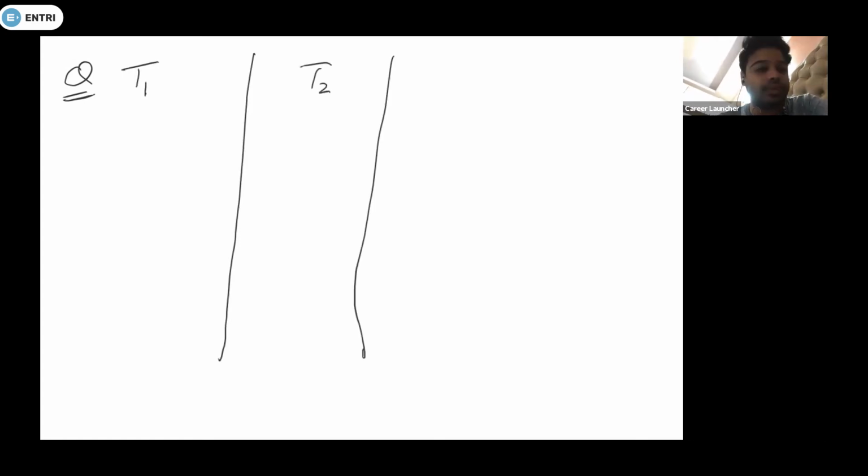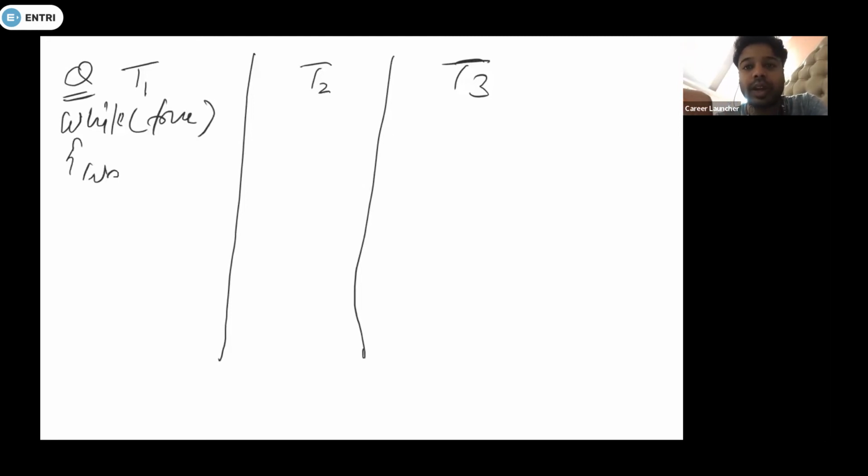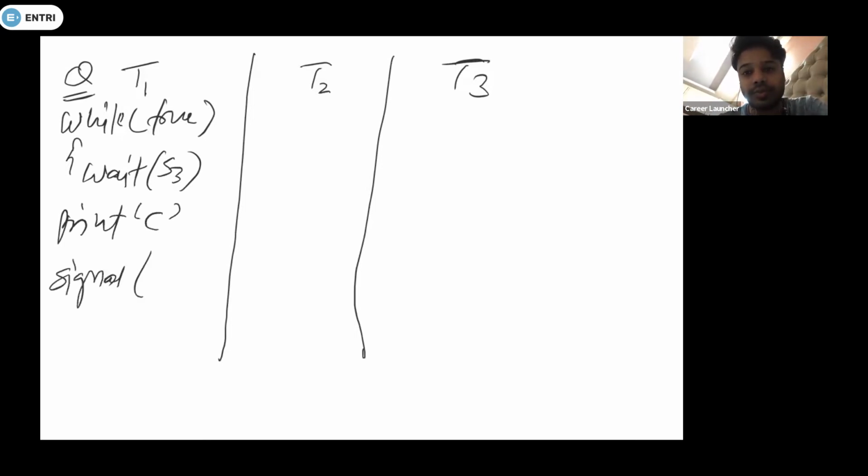T1: while true, wait on S3, print C, signal on S2.